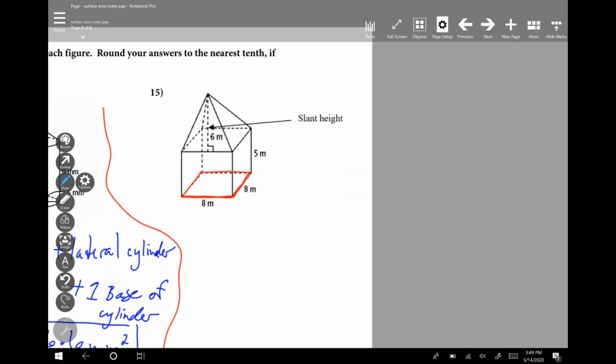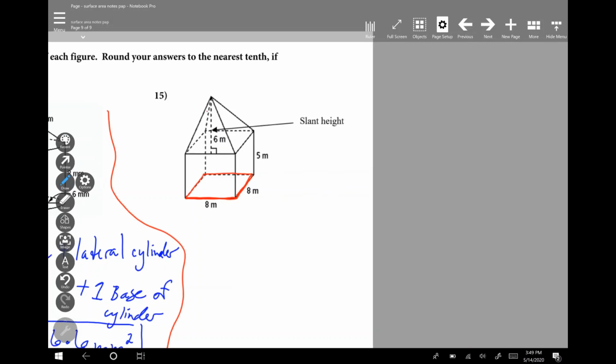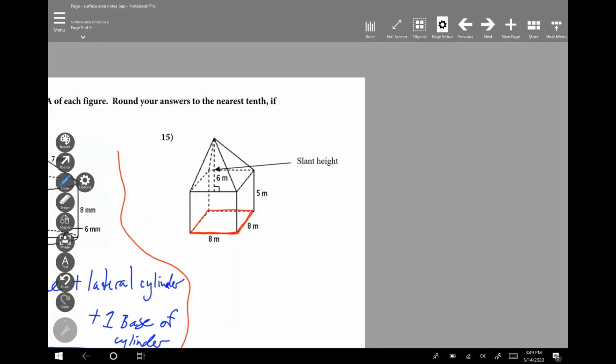Now, again, think about it. For the pyramid, do I want the total surface area or do I just want the lateral? I only want the lateral. So with the lateral of the pyramid, okay, and then now let's talk about the rectangular prism. I want the area of this base on the bottom, so I want one base.